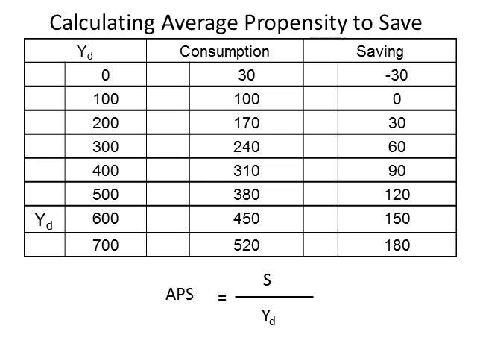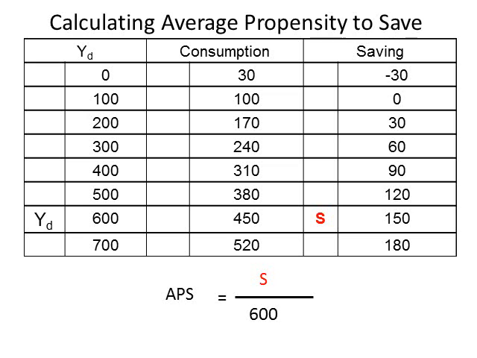This may actually be given in the problem, or you may be asked to fill in a blank column of average propensities to save. Next step is to locate the Y in the formula and substitute in the value of income that we selected from the table, in this case 600.